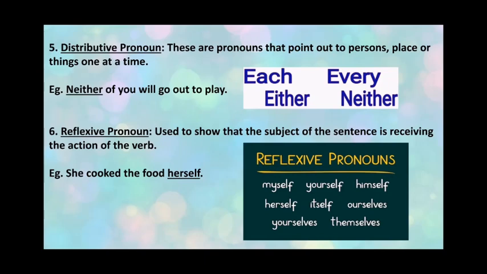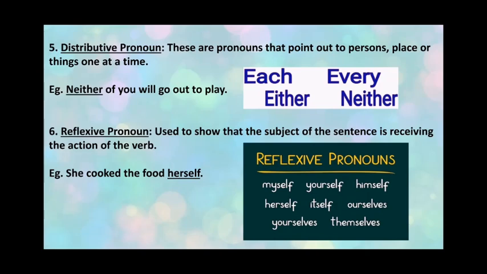For example, neither of you will go out to play. So children, you can see that the word neither is pointing out the persons, that is many, more than one. So neither is the distributive pronoun.